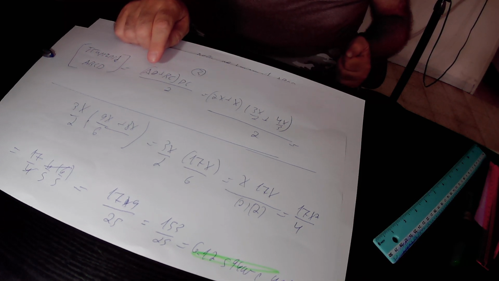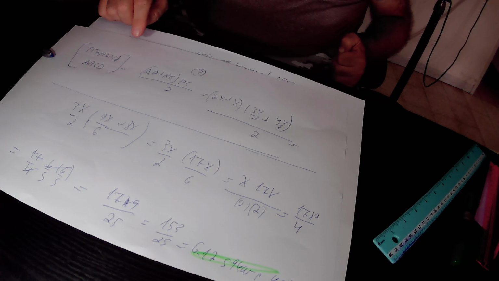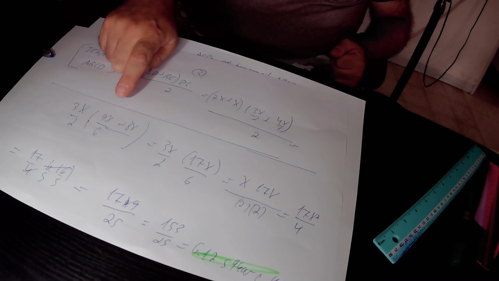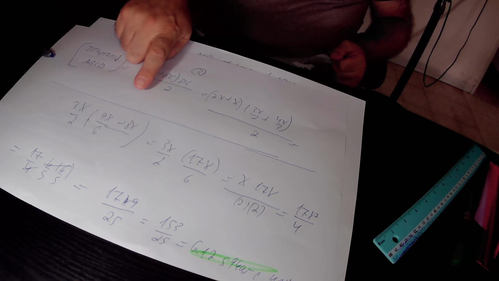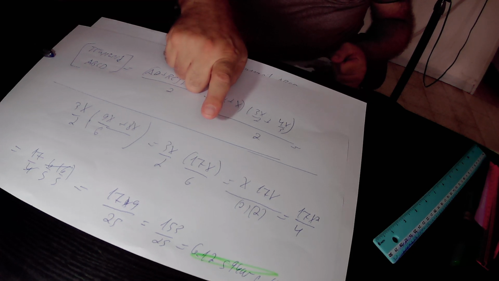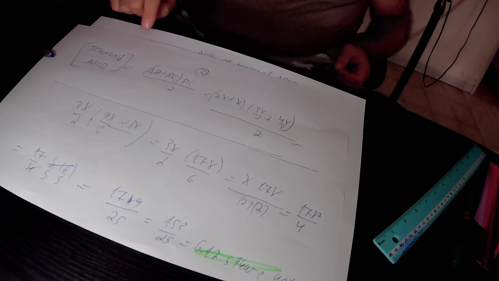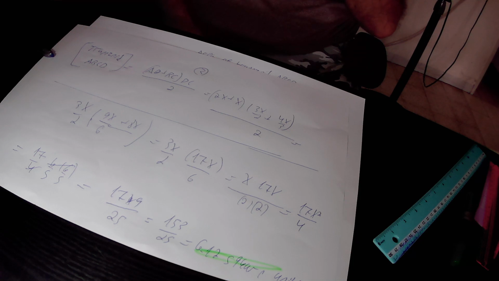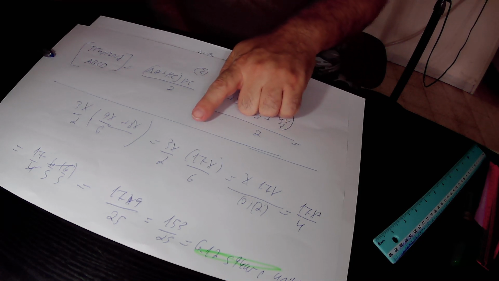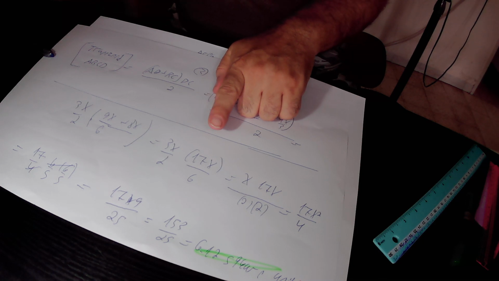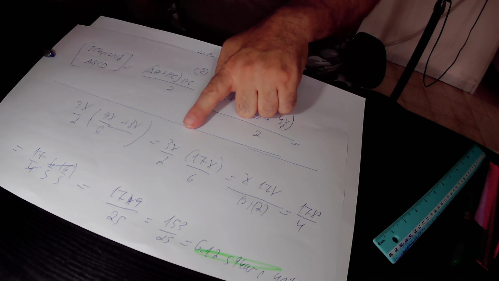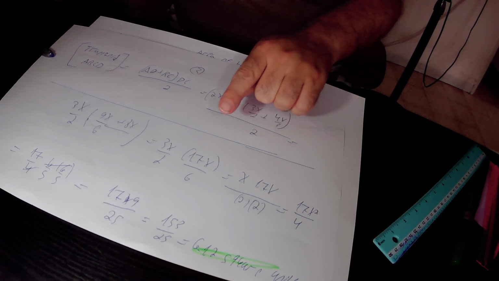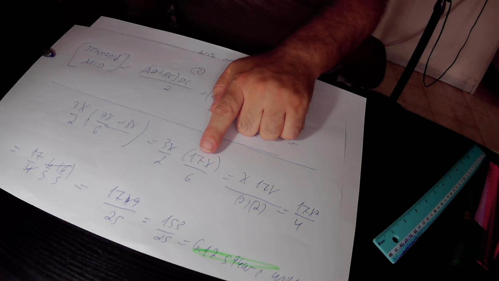So the trapezoid area equals 3x over 2 times (9x plus 8x over 6). 9x plus 8x is 17x over 6. So the area equals 3x over 2 times 17x over 6. Here we divided both numerator and denominator by 3. 3x over 3 is x, so the numerator is x times 17x, and 6 over 3 is 2.